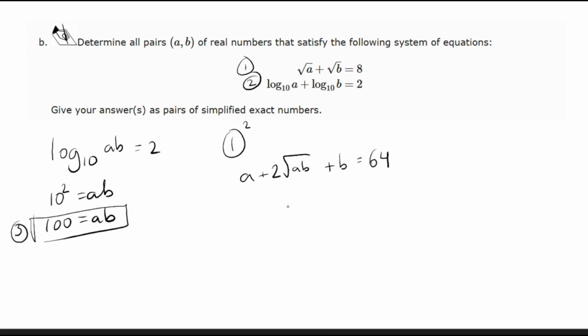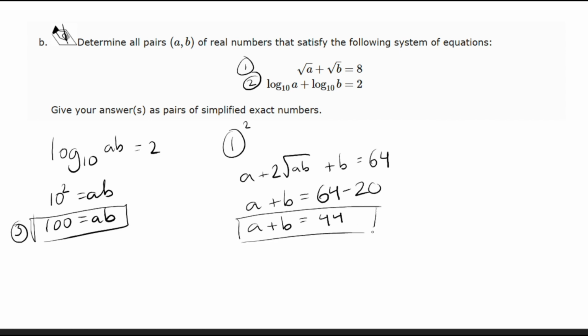So a plus b equals 64 minus 10 times 2 is 20. So a plus b is 44. So 2 numbers that add to 44 and multiply to 100. What does that sound like? Sounds like a quadratic.